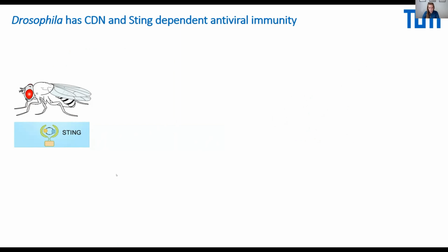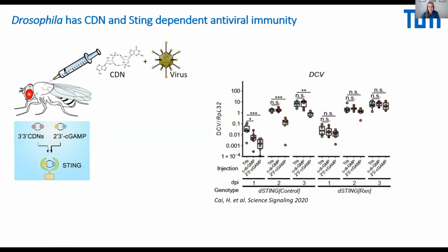And from a previous publication, one of the collaborators also established that when you inject cyclic nucleotides, so cGAMP, into the cells together with a virus, then you can see here that the introduction of the cyclic nucleotides protects against the infection. So you can see here is the replication of Drosophila C virus.